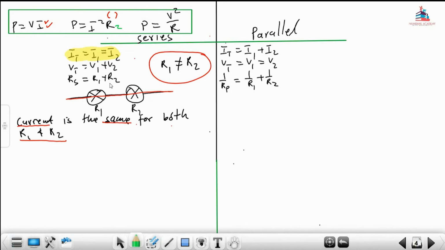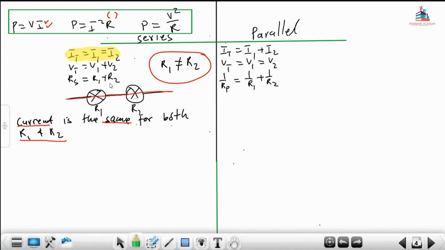So it's just an issue of which resistor I am looking at, which resistors I am comparing. But the fact that I have P is equal to I squared R, because the current is the same, then that is the equation that I should be using.